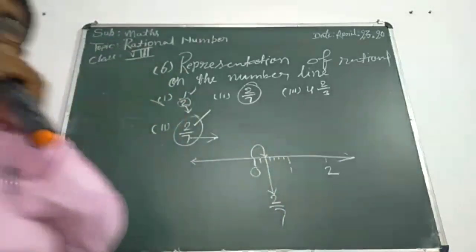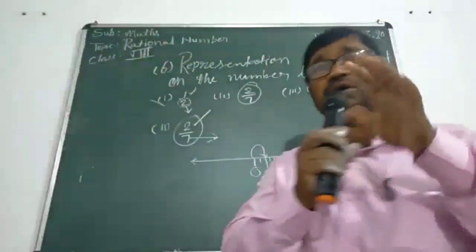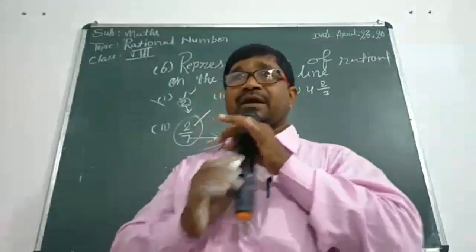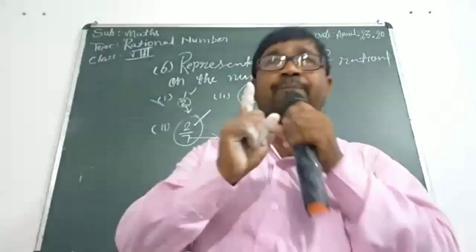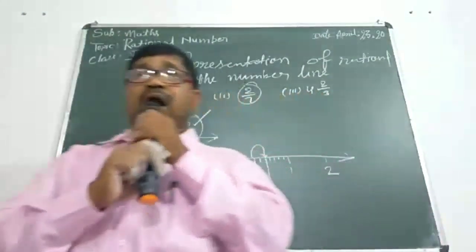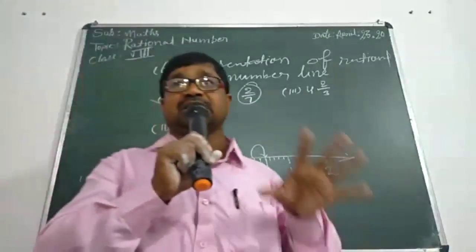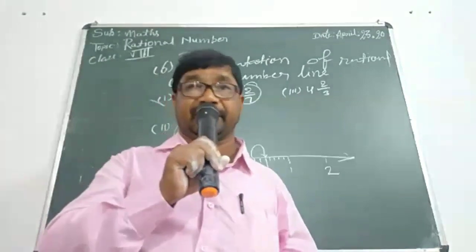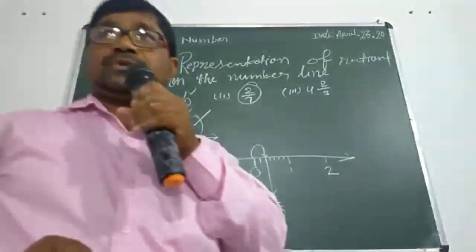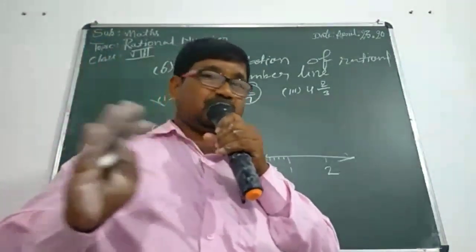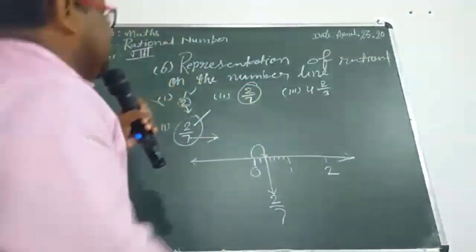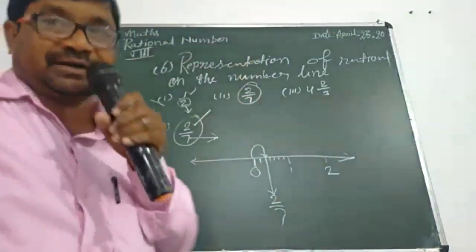Understood now? No problem. Raise your finger if you have a problem. How can you locate the rational number on the number line? This is a very, very important thing. No problem? Okay, okay. Now we should check the third one.